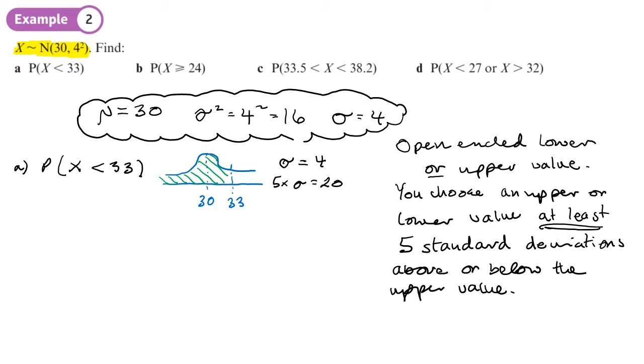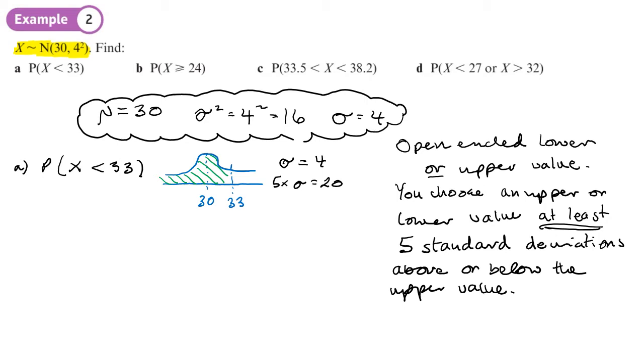Now, you don't have to keep working out 5 standard deviations less. Just pick a number way below that 33. So as a minimum, my lower value should be 20 less than 33, so 13. But I would choose a lower value of maybe 0, because you know that's going to be at least 5 standard deviations away.